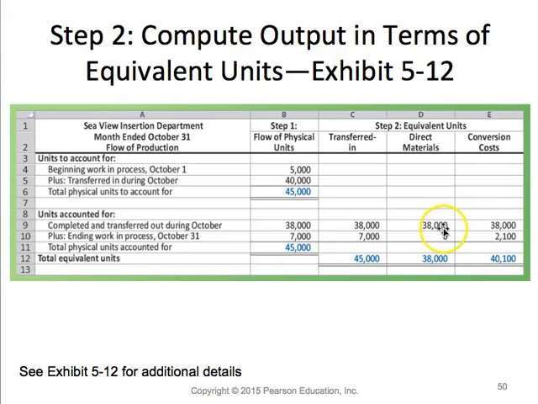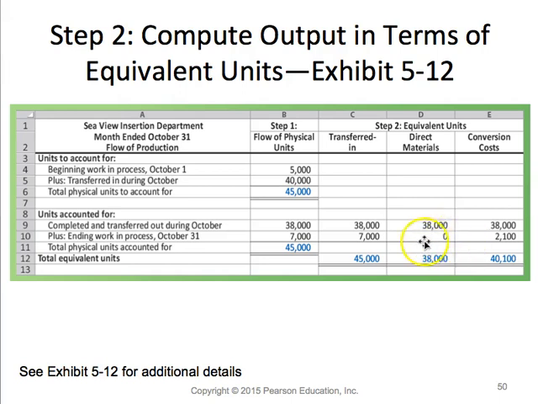For direct materials, 38,000 units have been finished, so this is the direct material used for the 38,000 units. For the 7,000 units in ending work in process, direct materials is 0, because if you look at page 267, direct materials are added at the time when everything's finished.